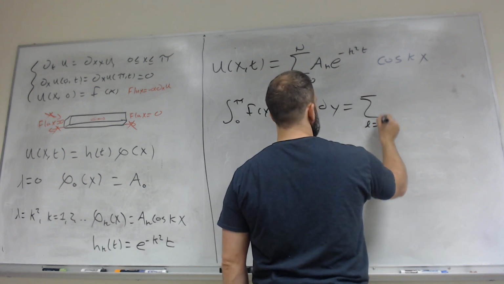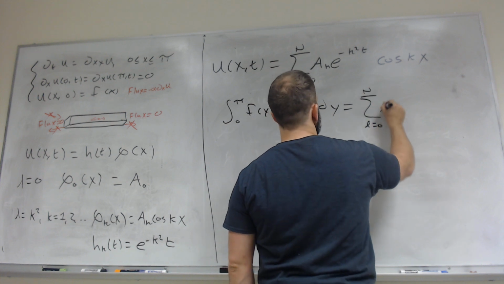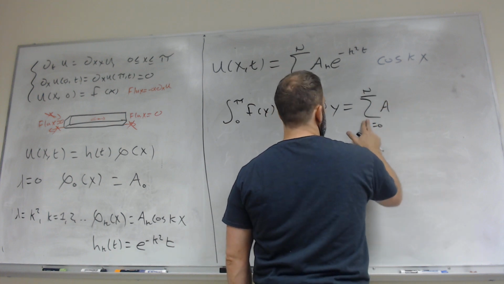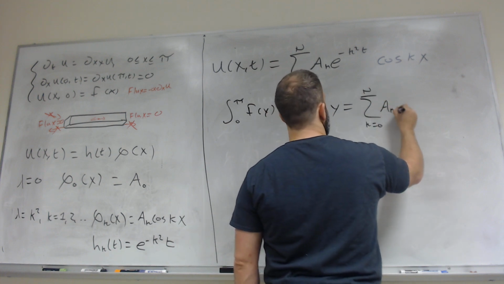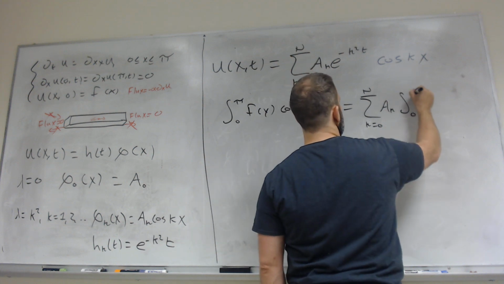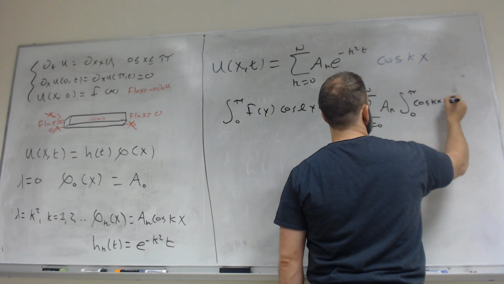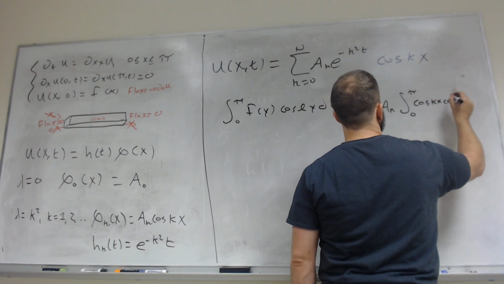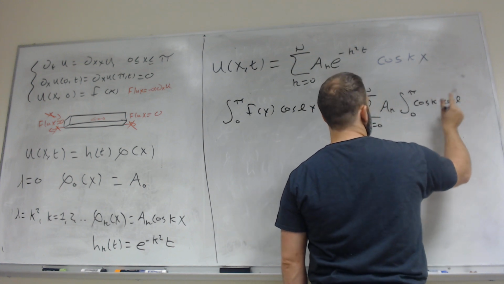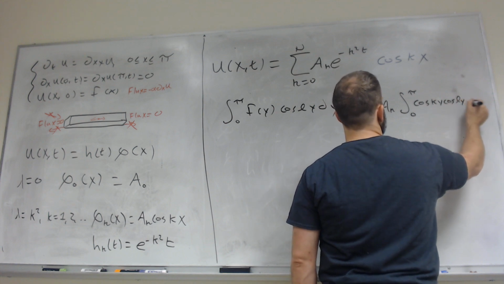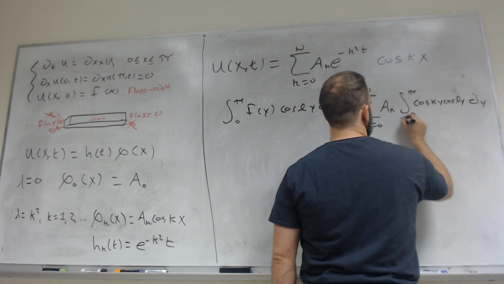This is going to be equal to the sum l equals 0 to n, the sum k equals 0 to n, a k, and then times the integral 0 to pi, cosine kx, cosine ky, cosine ly, dy.